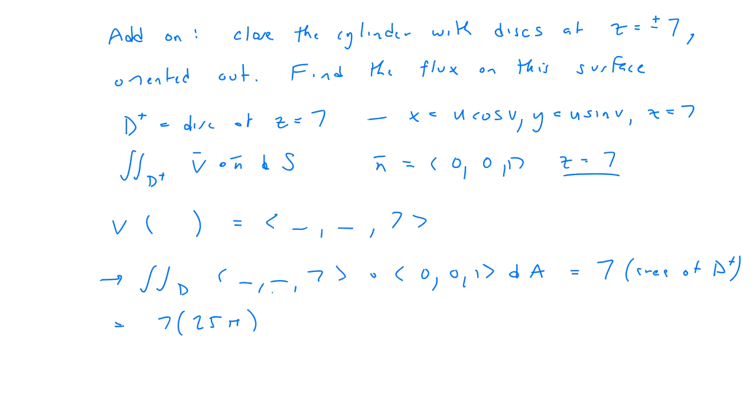And then we can do the same thing for the disk at -7. Same parameterization, except now z is equal to -7.